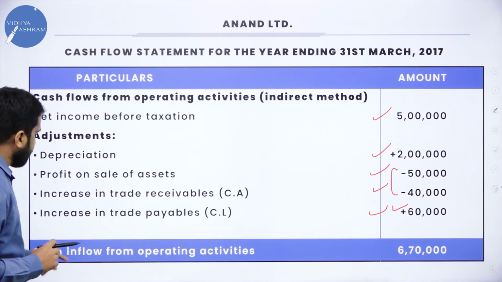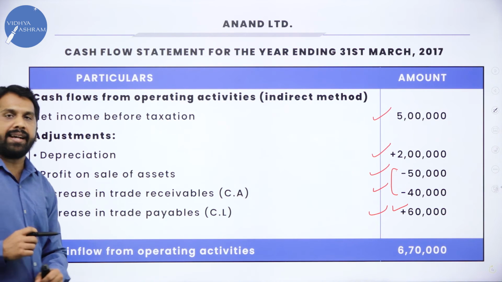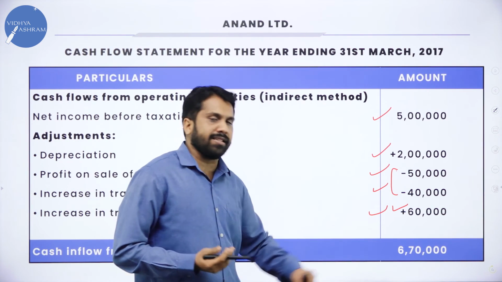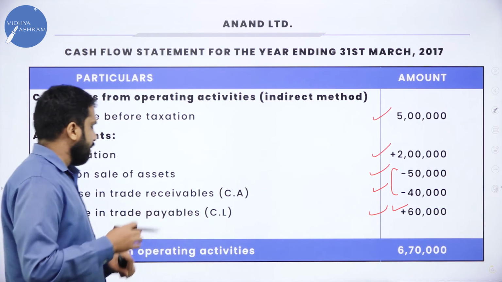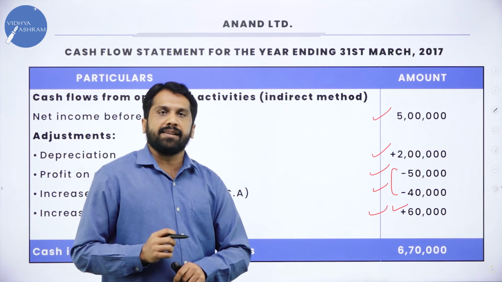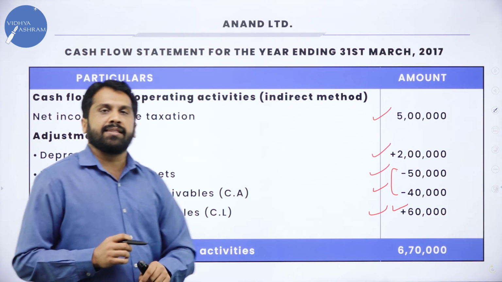This 6,70,000 we call cash inflow from operating activity. Why is it inflow? Because your final answer is positive. If your final answer is negative, then it should be cash outflow from operating activity. Clear? So this is all about your operating activity.